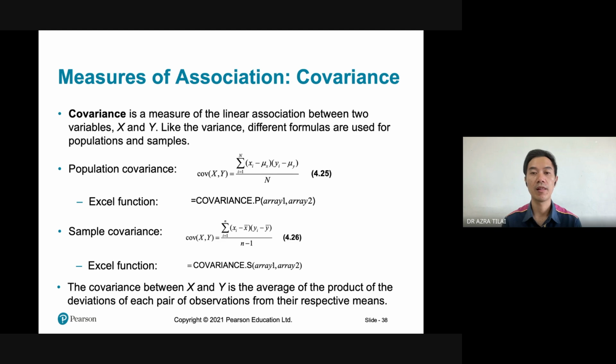For example, the shooting of the arrow. In order for you to have a bullseye, what will be the independent variables? The shooting of the arrow, the result will be the dependent. So the bullseye will depend on the training hours. That is one independent variable.